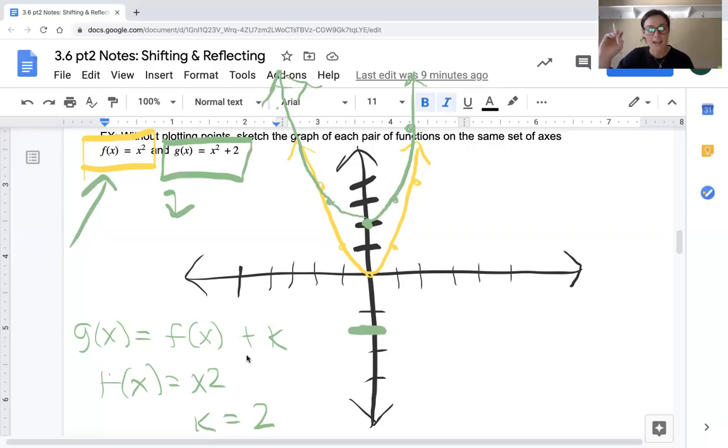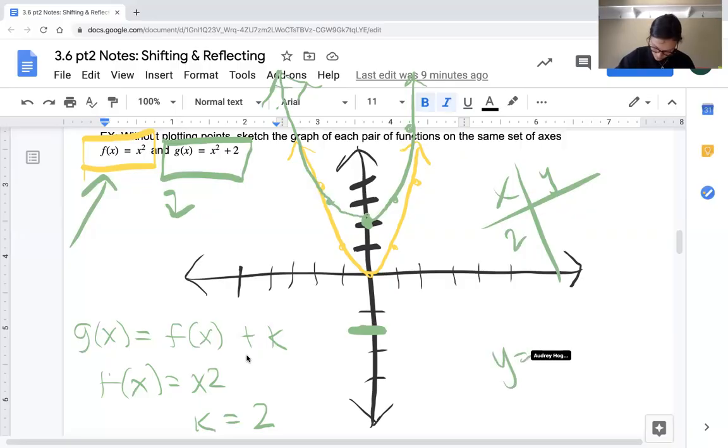And again, if you're confused a little bit, like, okay, I know it's 2 units upward right here, but I need to plot a few points, you could say, let's see what my x value is going to be. When x equals 2, y equals 2 squared plus 2, which is 4 plus 2, which is 6. So then I know there's going to be a point at 2, 6.